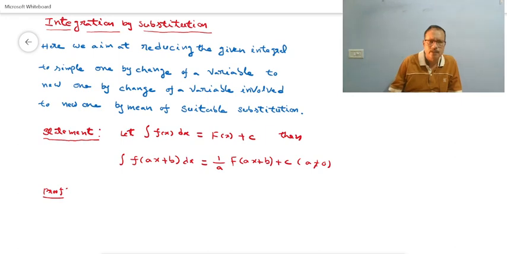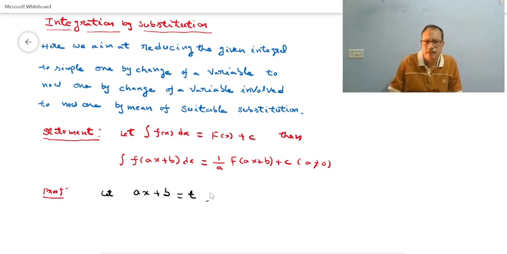Here I am going to change the variable. I am going to introduce the variable t in place of ax plus b. So let ax plus b be equal to t.